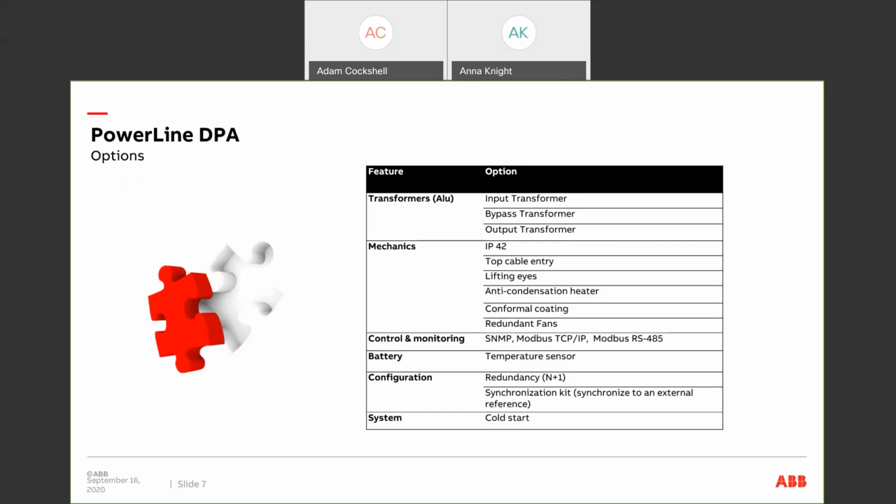So if we're taking the 80 kVA as an example, you have two 40 kilowatt modules as the 80 kilowatt UPS, then you have a further two 40 kilowatt modules as a complete redundant UPS. So you can get N plus N and N plus 1 redundancy within these units. The modules can also be optioned with a battery cold start as well.